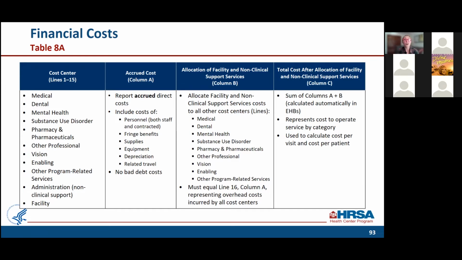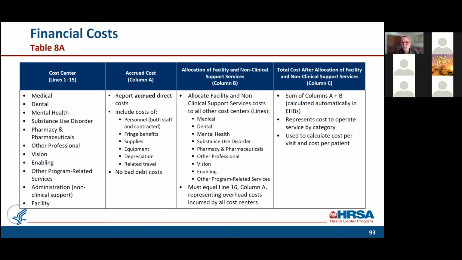The cost centers on the UDS are listed in the first column here, and they align with table 5. You can see a detailed crosswalk on that on page 174 of the UDS manual. On table 8A, these cost centers are lines 1 through 15.